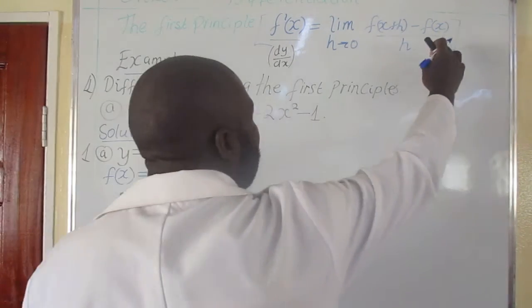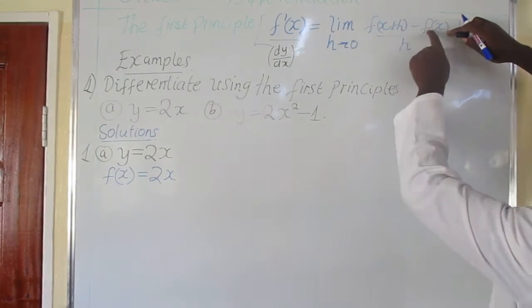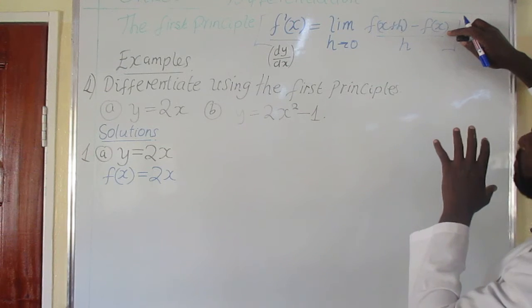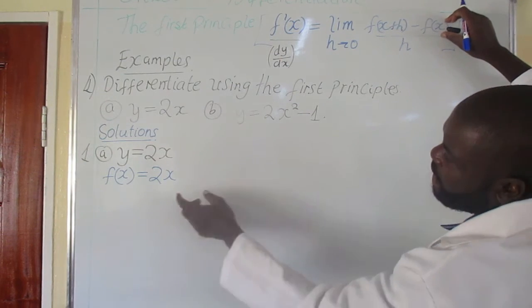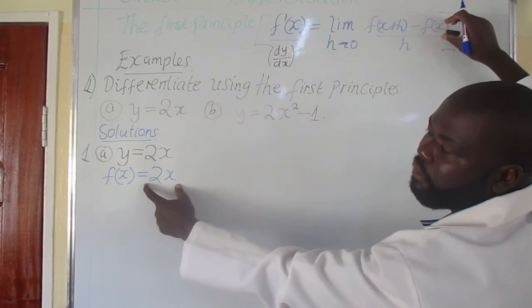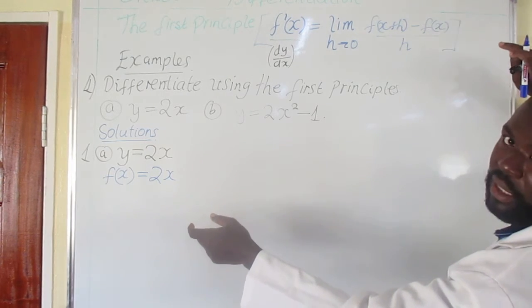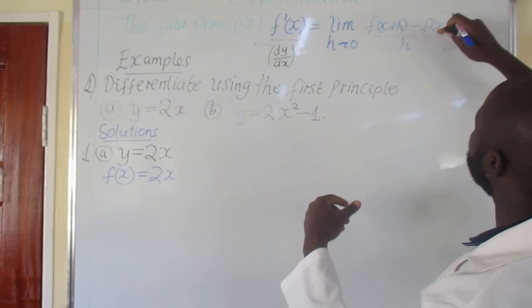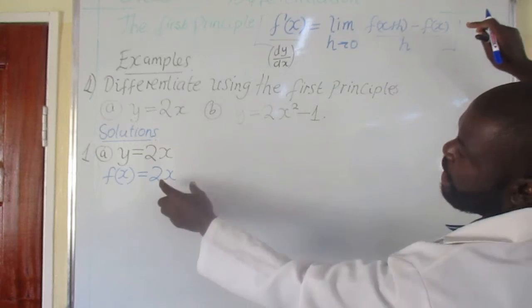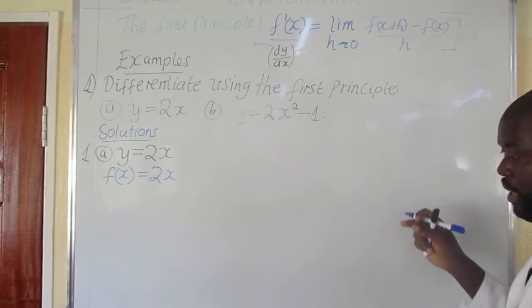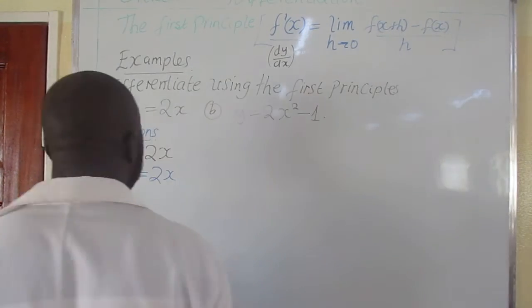So here where we are supposed to put f of x, what we are basically supposed to put here is the original function. So in place of f of x, what we are supposed to substitute here is actually 2x.